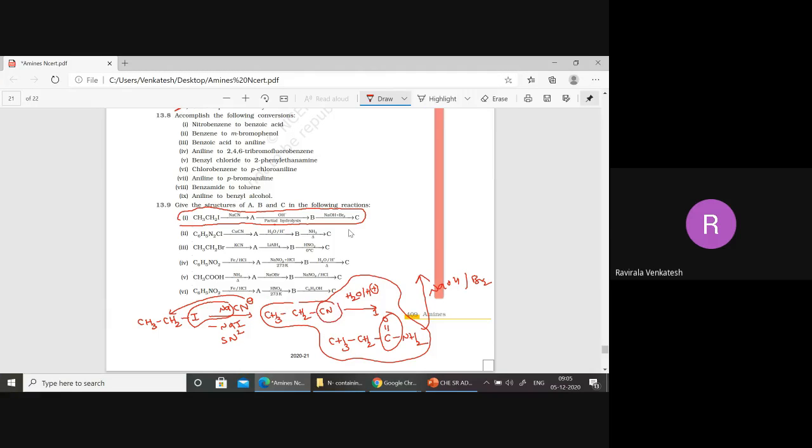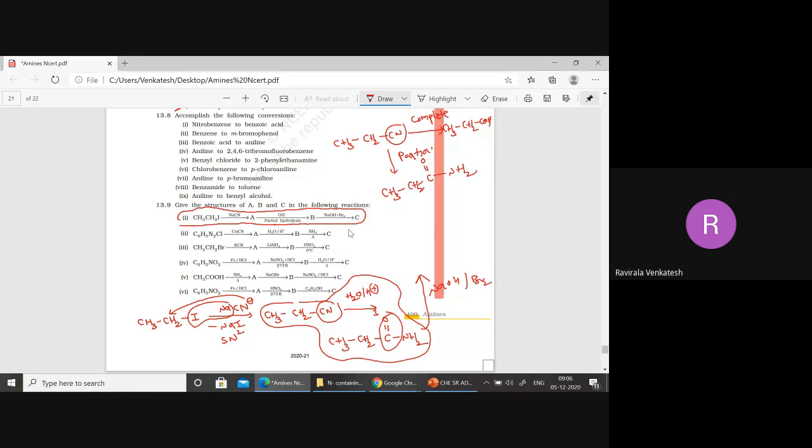Cyanides on complete hydrolysis. Remember here, CH3, this we discussed last class in carboxylic acids. Complete hydrolysis, cyanide will convert into CH3CH2COOH. If I take partial hydrolysis, partial means only one mole, in that case it will convert into CH3CH2C double bond O NH2.